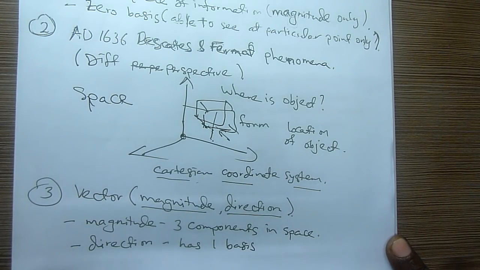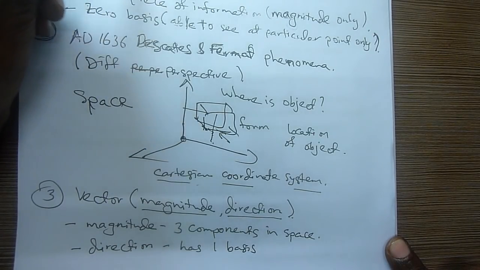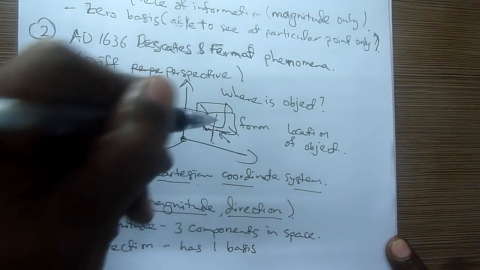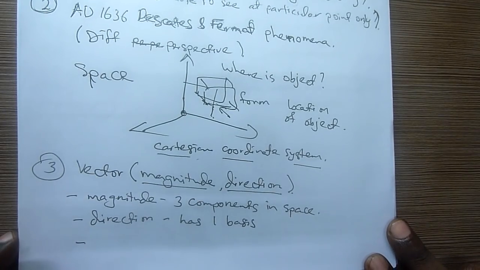What I mean by one basis here is that it gives you one more piece of information, which is the base for a particular object. It provides another piece of information about the object.